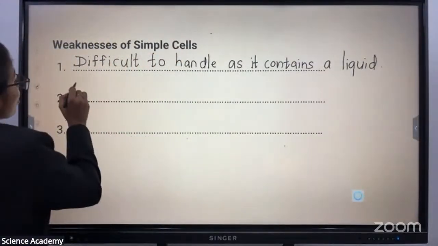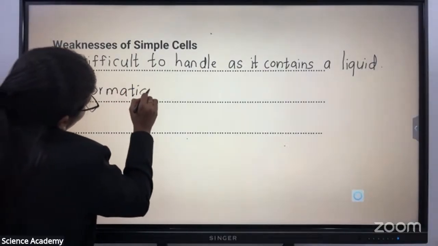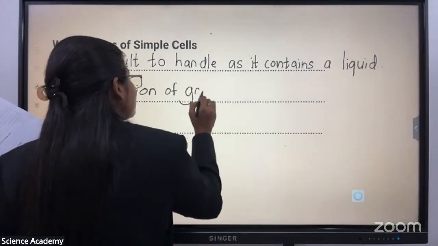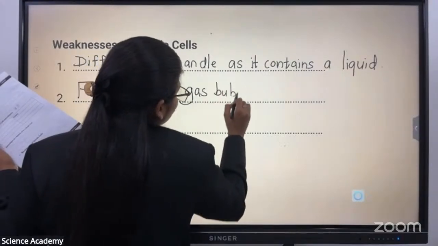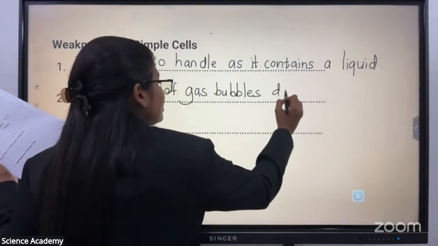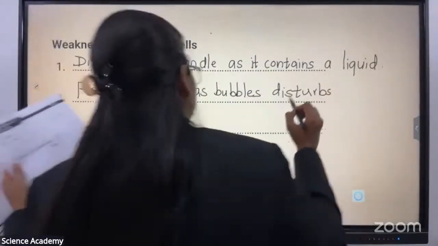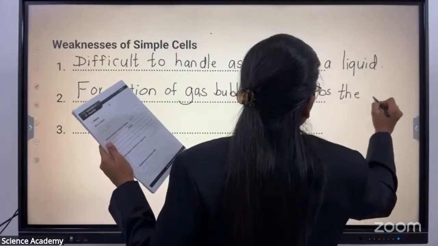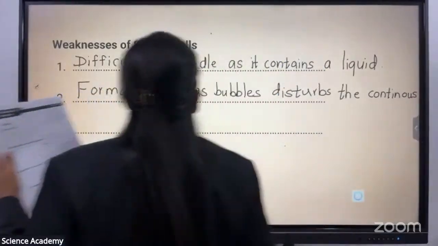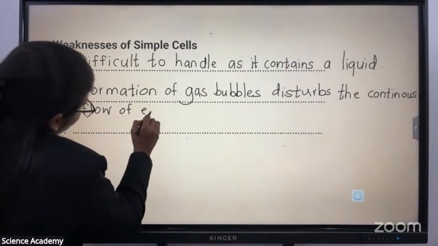Next one: formation of gas bubbles disturbs the continuous flow of electricity.